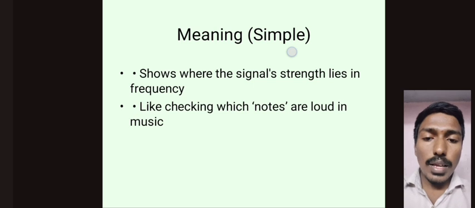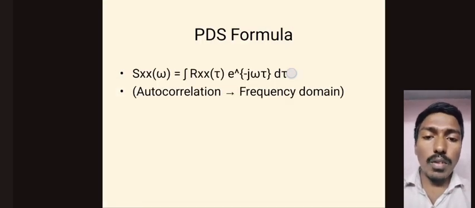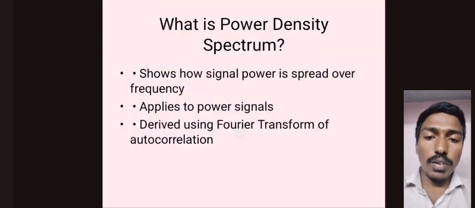So, the PDS formula. PDS is S_xx of omega. Why do we use omega? Here omega is frequency. Omega is equal to 2 pi f, where f is frequency.